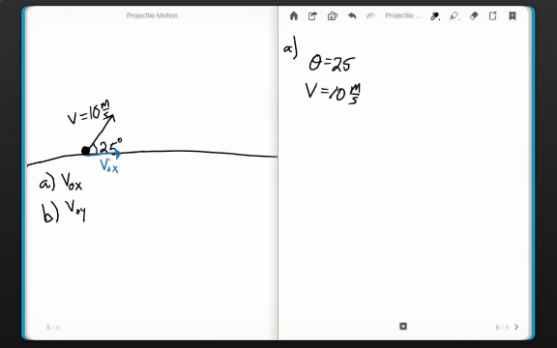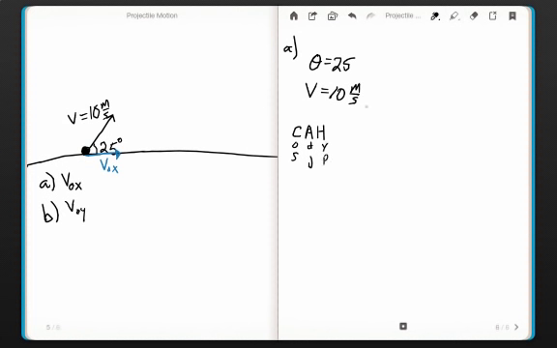We have here an adjacent side to that angle of 25 and the hypotenuse. Now, if you remember, adjacent and hypotenuse, that's part of cosine, or CAH. That's the easy way of remembering. So CAH TOA, cosine is equal to the adjacent over the hypotenuse.